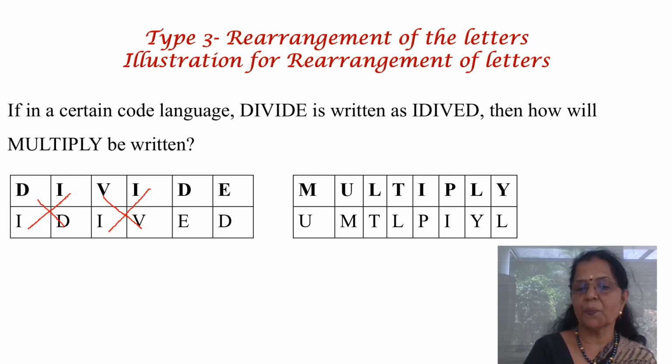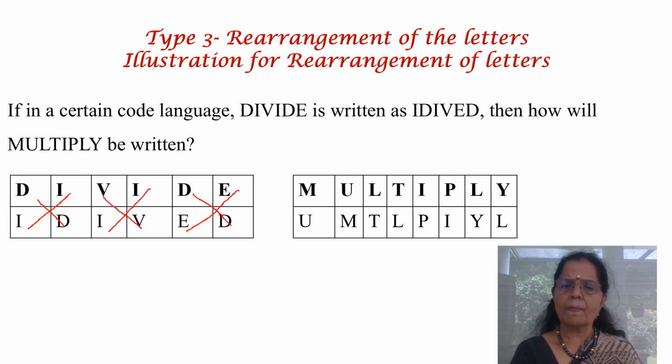V comes here and I goes there. In the same way, the fifth letter is interchanged with the sixth letter, and the sixth with the fifth. So DIVIDE is split into 2, 2, 2: 1, 2, 1, 2, 1, 2. So 1 and 2 are interchanged in their position, rearranged. The same way the fifth and sixth letters.